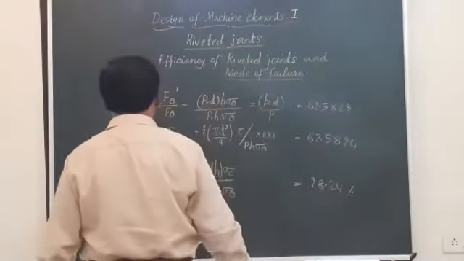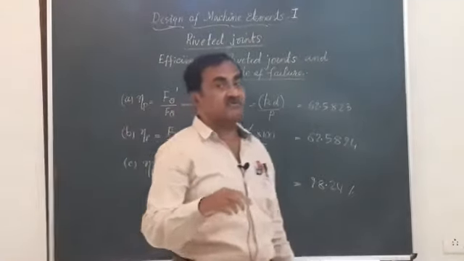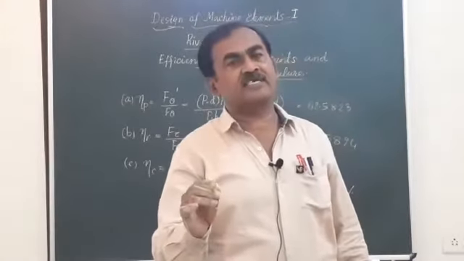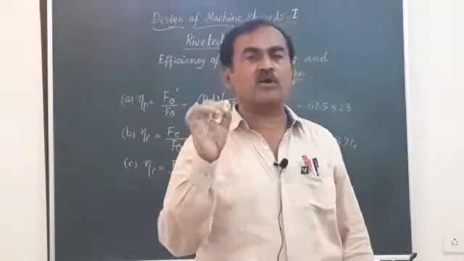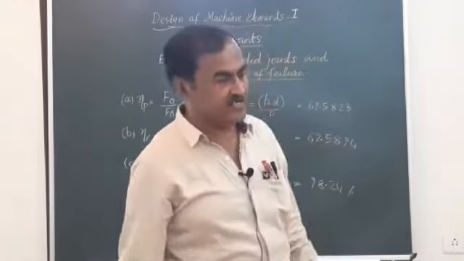In a problem, if you find eta R, the efficiency of the rivets, as the least of the three values, we will say the mode of failure of the joint is by shearing of the rivet.